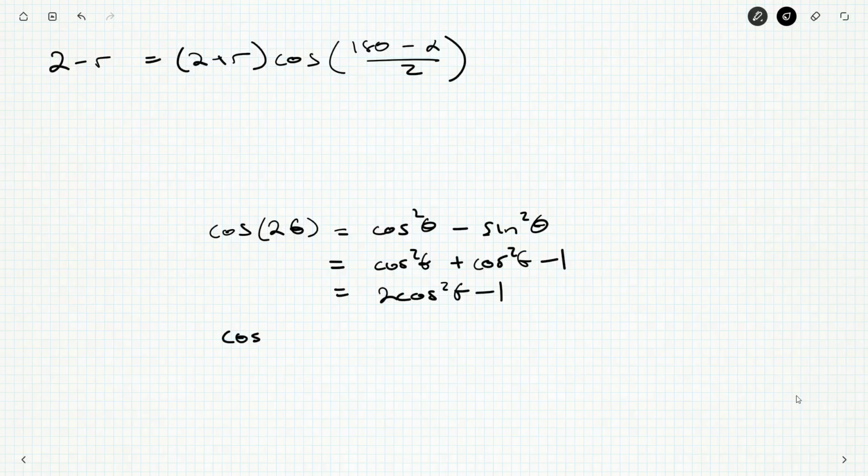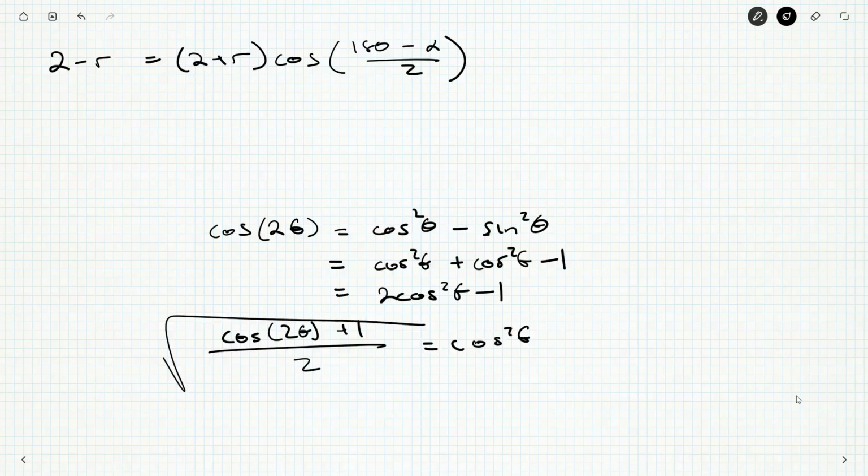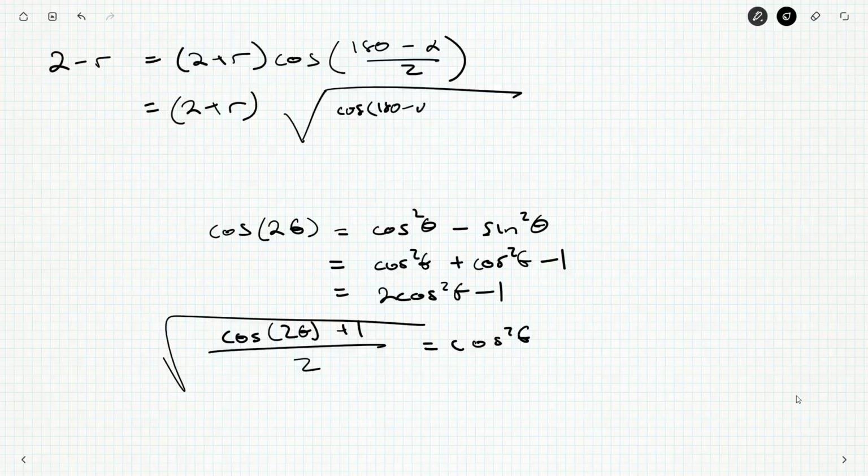And now I can rearrange, get cos squared theta all on its own. Square root that. Alright, so this is 2 plus r times the square root of cos 180 minus alpha plus 1 all over 2.